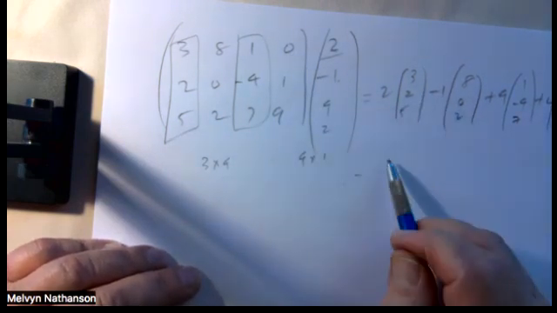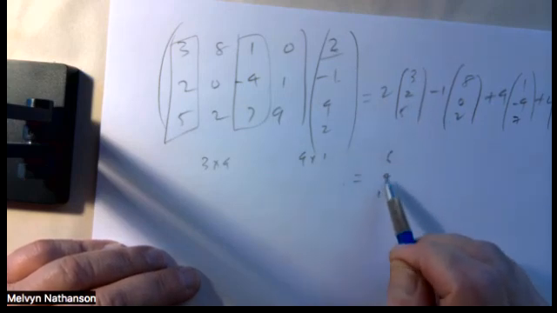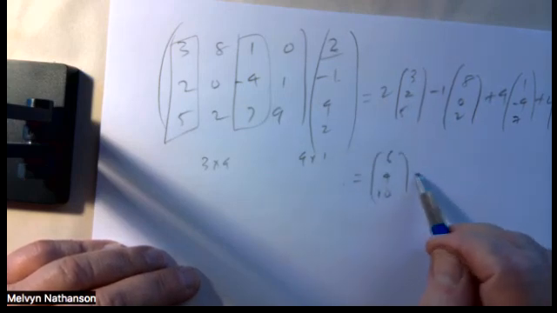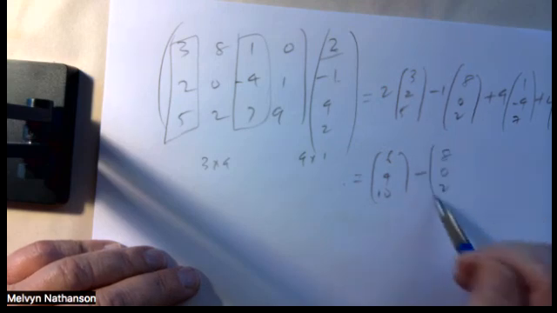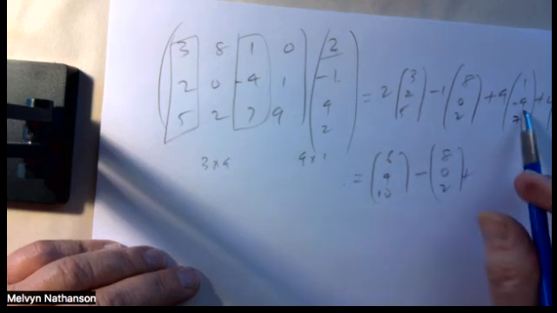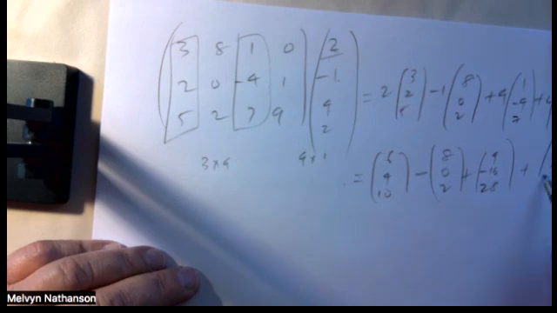This is 6, 4, 10, minus 8, 0, 2, plus 4 times this, 4, minus 16, 28. 2 times this is 0, 2, 18.